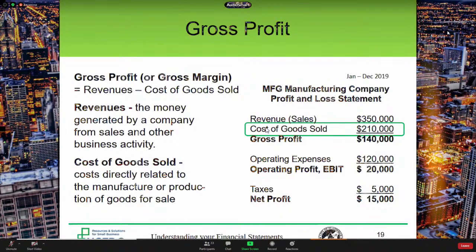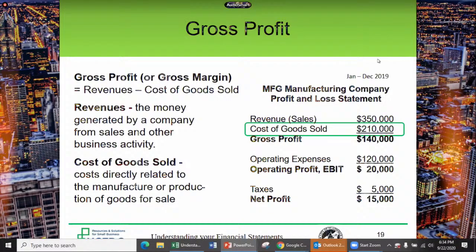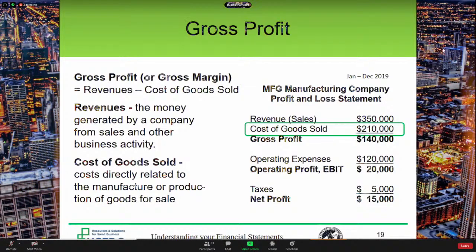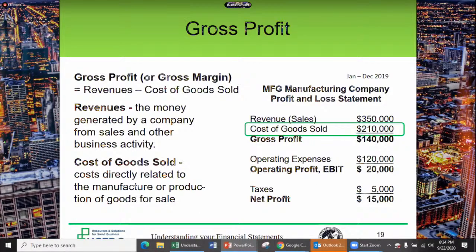Now, this is a manufacturing company. It has tangible products. Most of you are service companies. In fact, next week's webinar will be on financial projections. We'll have a service company, a fitness company, as our example, to show you the contrast or the difference. A service company typically doesn't have cost of goods sold.